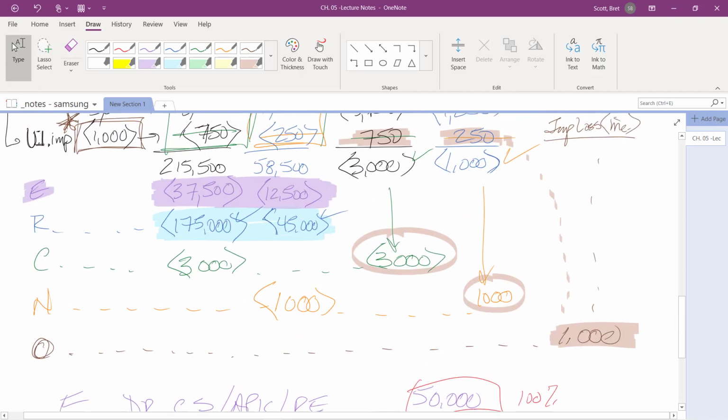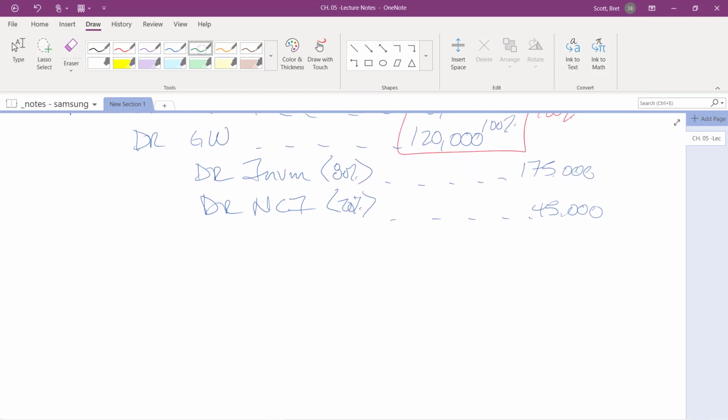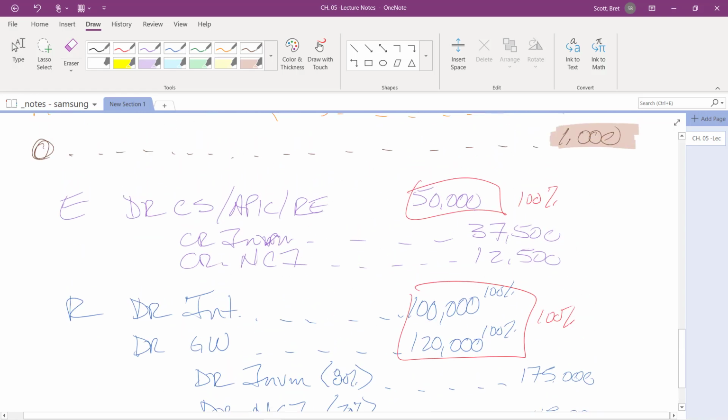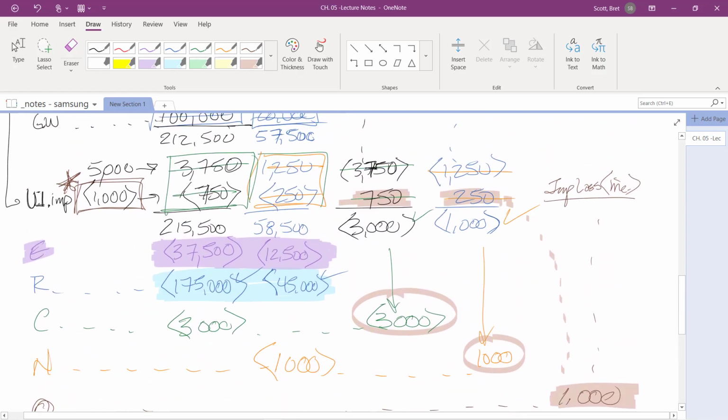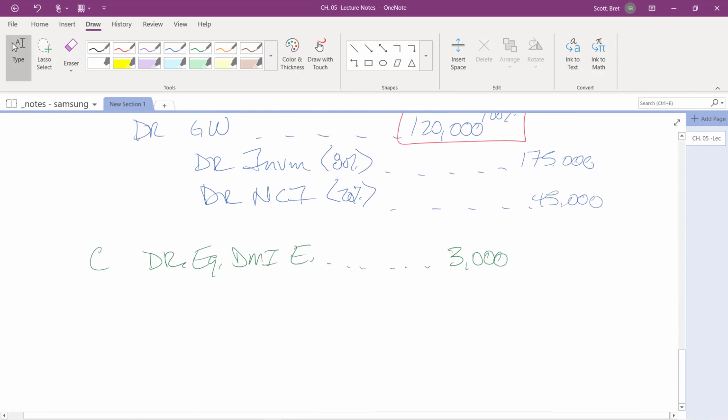Now, if I go back above, what are the other journal entries? C. Journal entry C. I had to debit the equity in DMI's earnings. This is what I show in my GL, which was net. The net balance was 3, right? It was the net income, which was like 3,750, but then we had to reduce it by the impairment, 750. We're just going to get rid of the full balance.